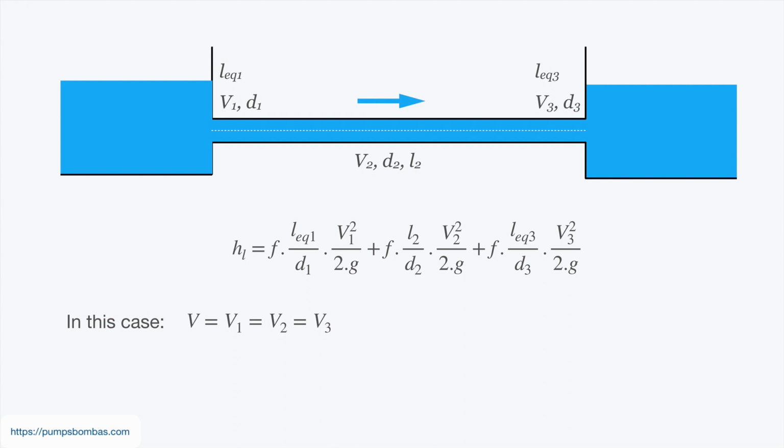In this case, velocity and diameters are the same. So we can simplify the equation.